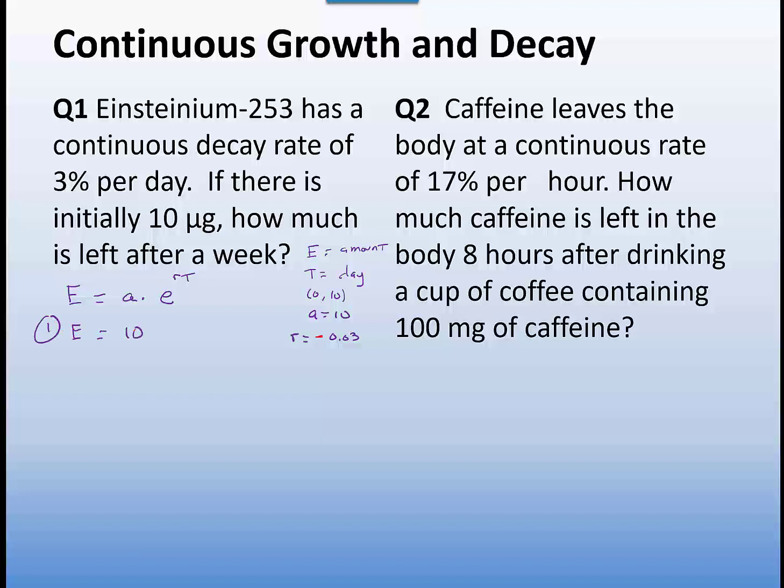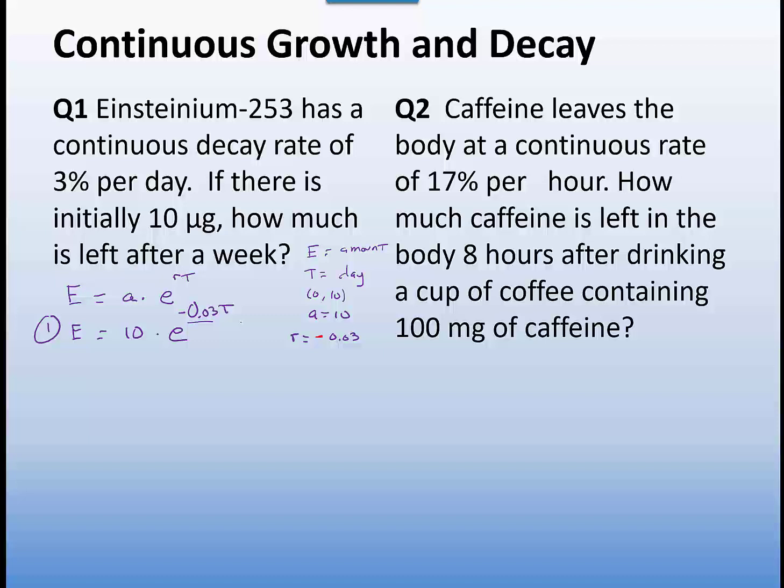The initial value is 10, e to the minus 0.03 times t. 0.03 times t, that's my exponent.